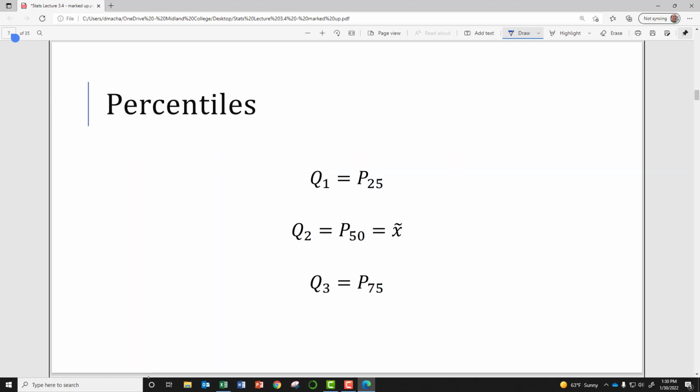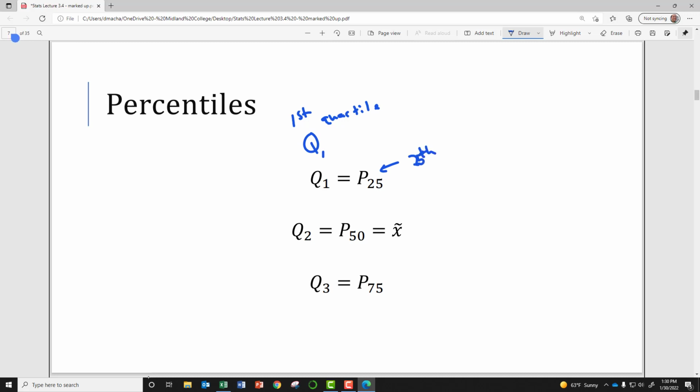So, percentiles. The first quartile, remember Q1 is the first quartile. The first quartile is the 25th percentile.